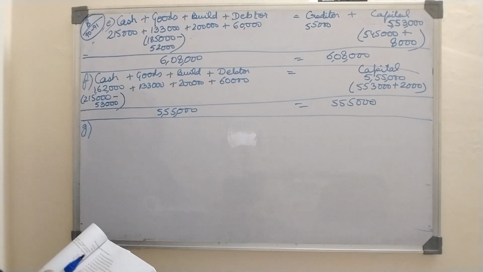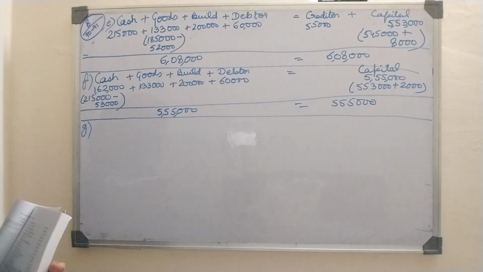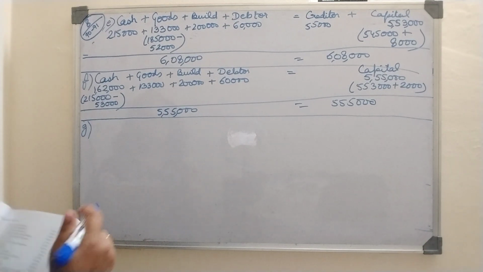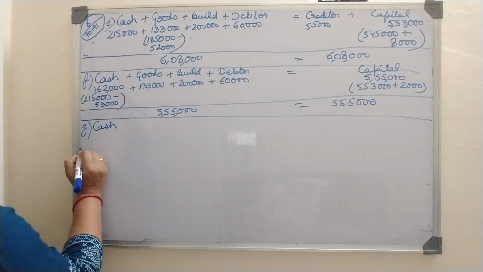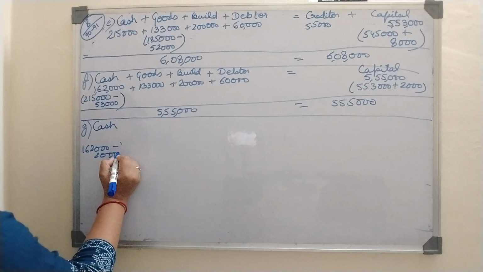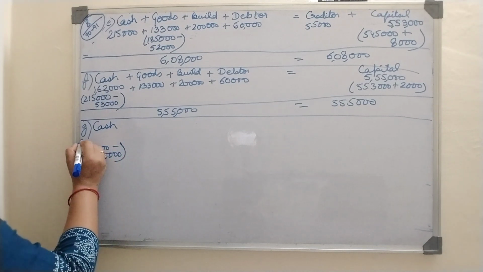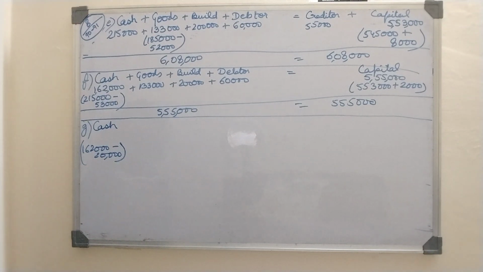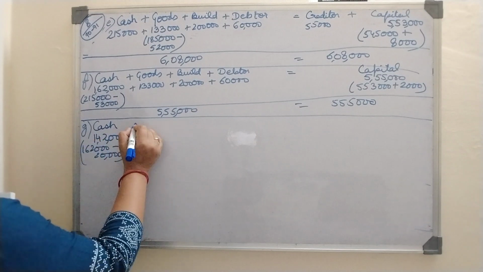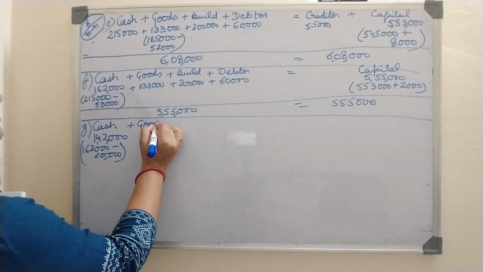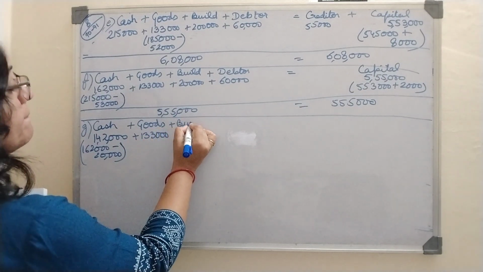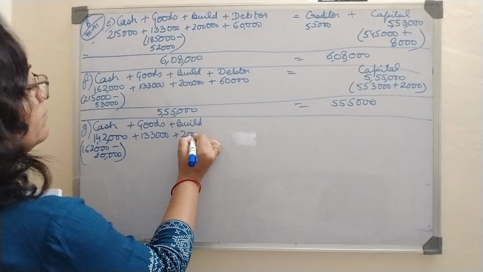Now the G part says salary paid by him. So whenever you are paying the salary, your cash is reduced and your capital is reduced. Salary is for 20,000. Let us quickly do. 1,62,000 minus 20,000 comes to 1,42,000. Building will also be the same, 2 lakh.